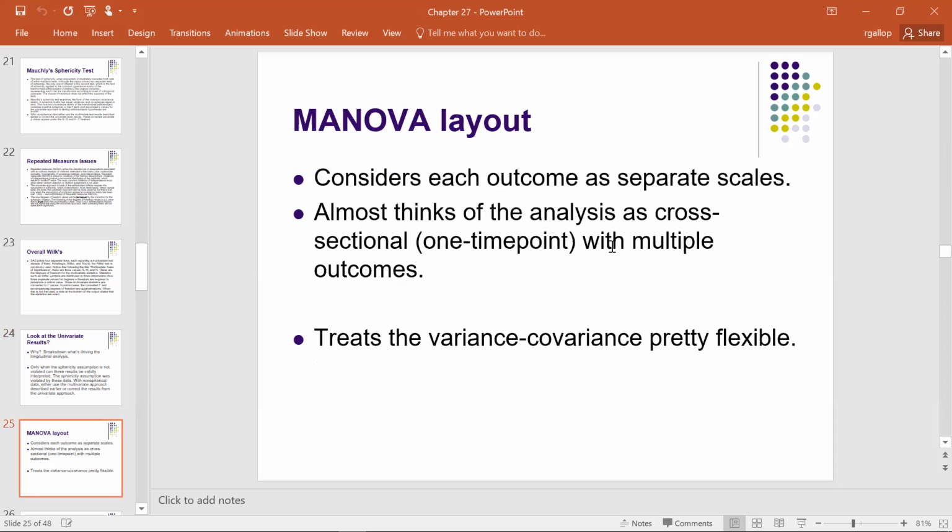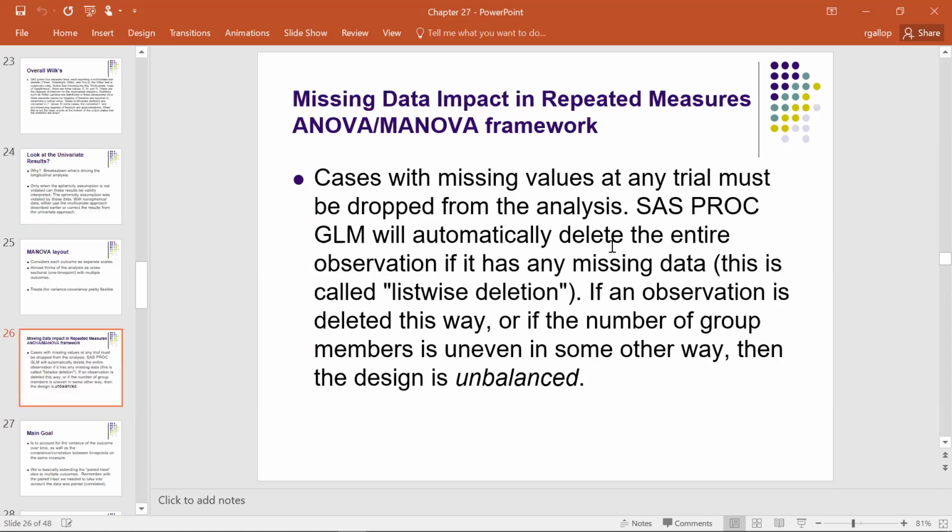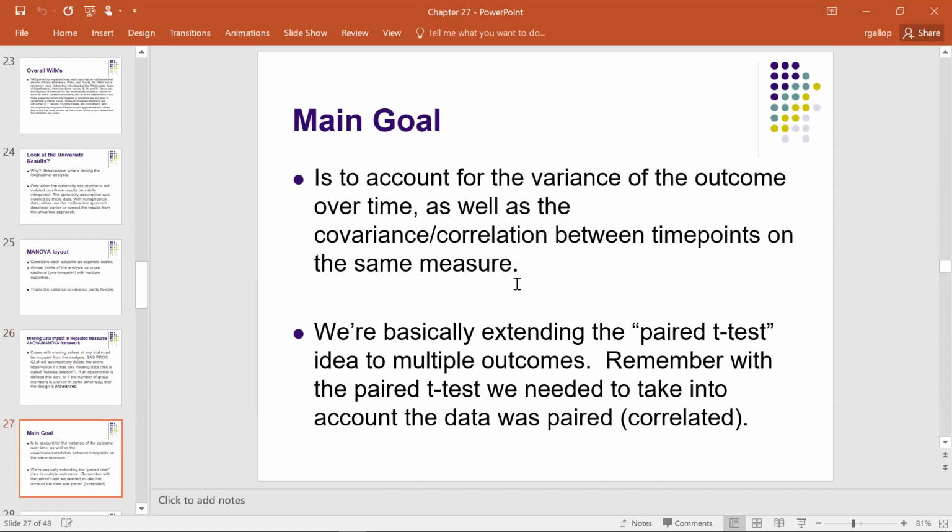Again, the MANOVA layout has a variance-covariance matrix of unstructured. The big thing is cases with a missing value at any trial are dropped, so PROC GLM will automatically delete the entire observation, no matter how many values are missing. Again, we're accounting for the variance covariance matrix of the repeated measures.